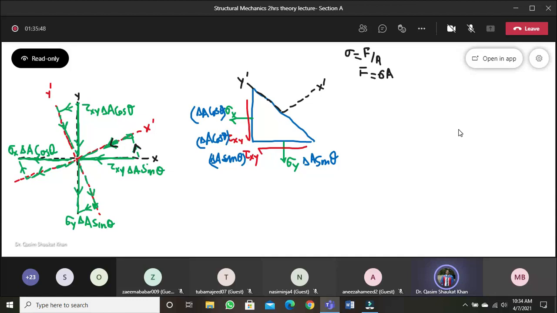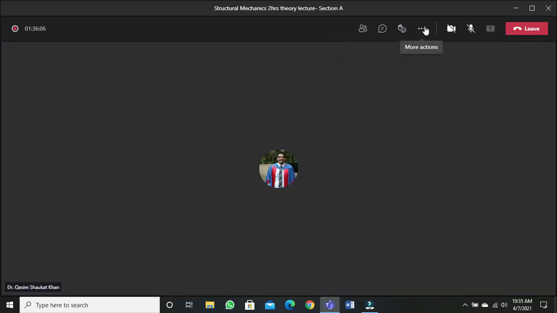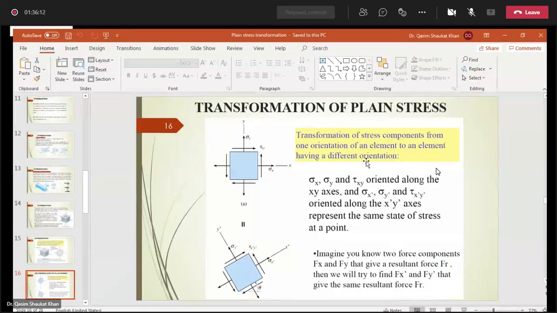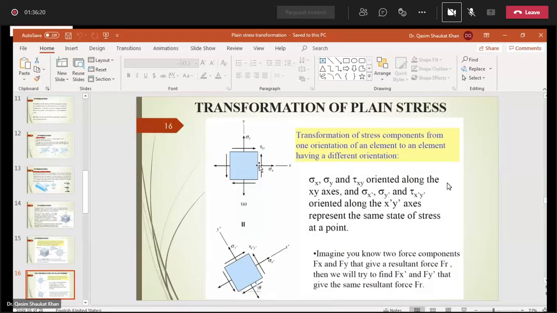Now the next step is the transformation of the orientation of an element to an element having a different orientation. So basically this is the x-axis, this is the y-axis. Normal stress sigma x and normal stress sigma y are the two normal stresses acting along the x and y axis, and you have the shear stress tau xy.